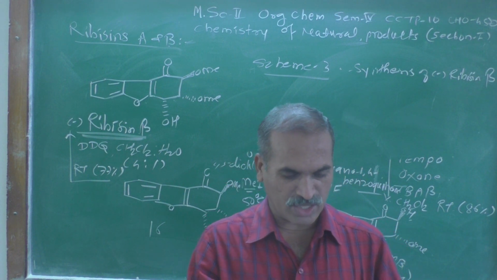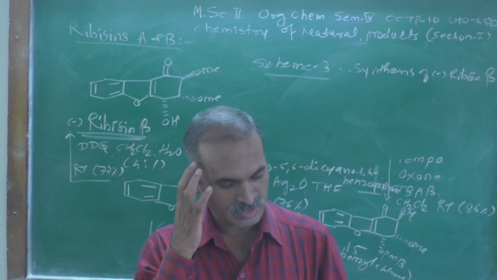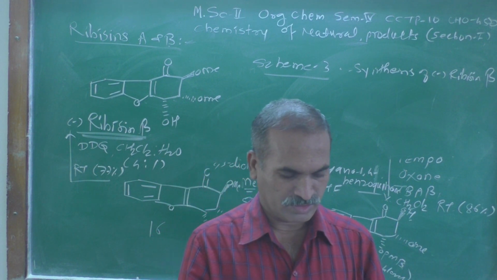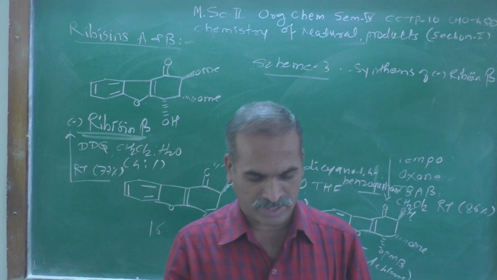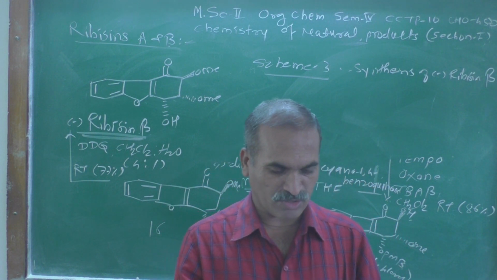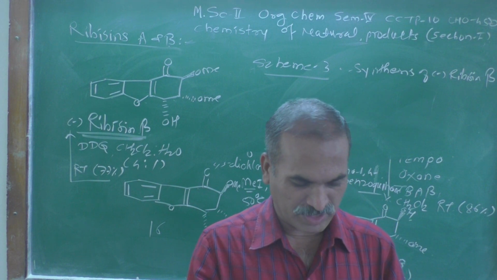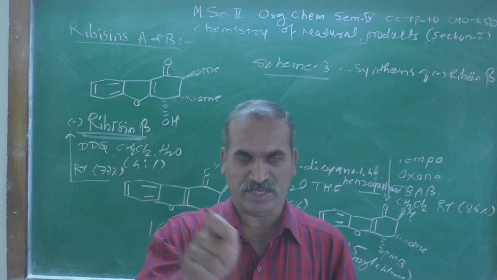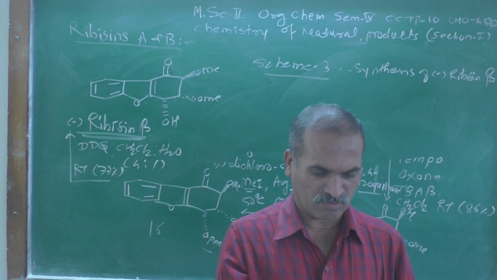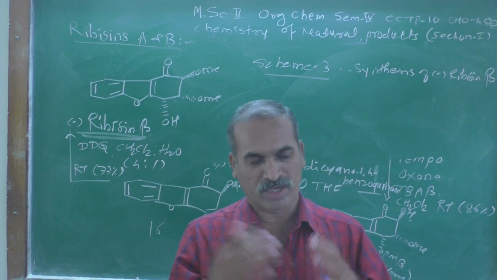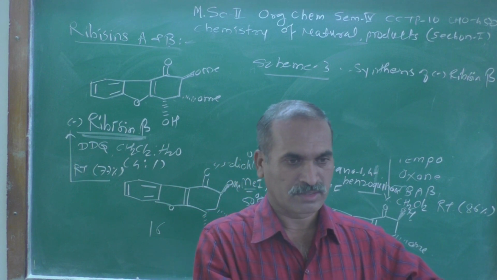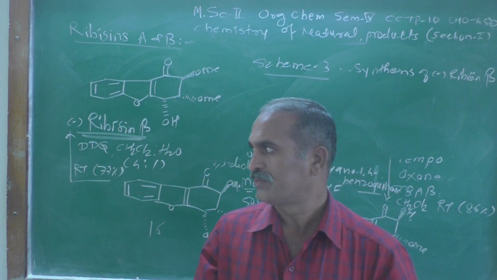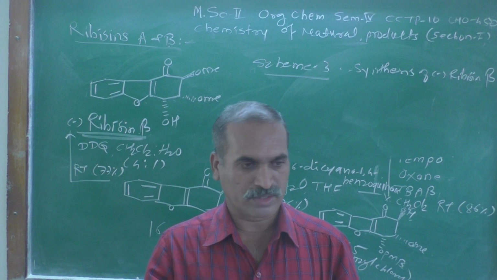So cis-diol 3 also proved to be a versatile intermediate for the synthesis of ribosine B, which is represented in scheme number 3. Versatile intermediate. Versatile means what? We can get different products.